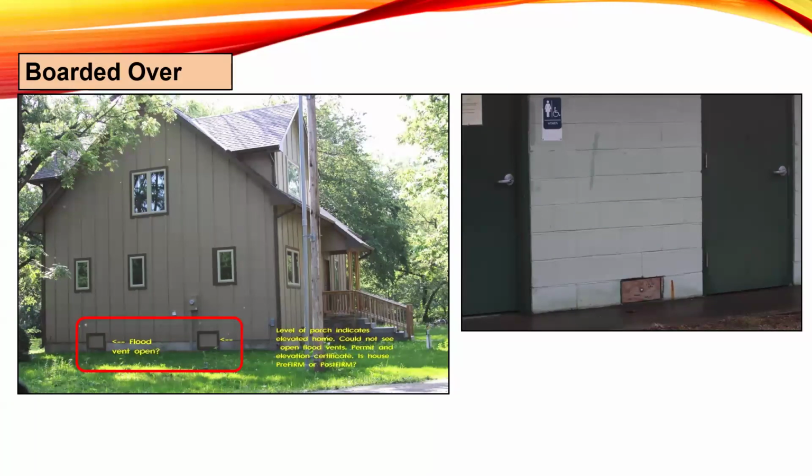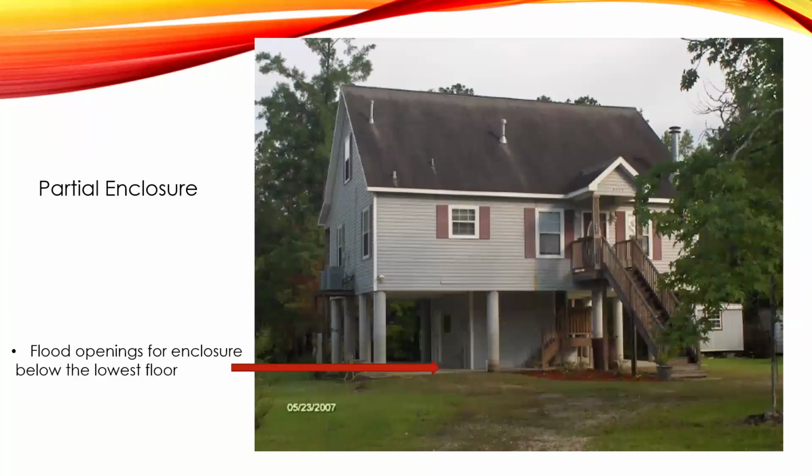So if someone doesn't have enough openings to meet that 1-to-1 ratio of 1 square inch of opening per every square foot of enclosed space, it can help them avoid that, as long as they have enough that are rated. So engineered openings are rated for whatever capacity they can allow. So just another tip on that.